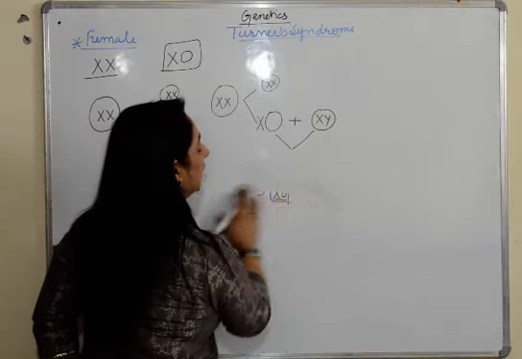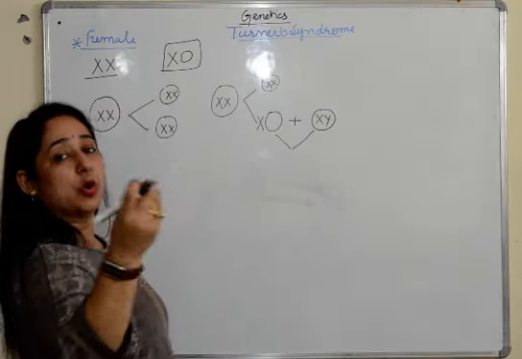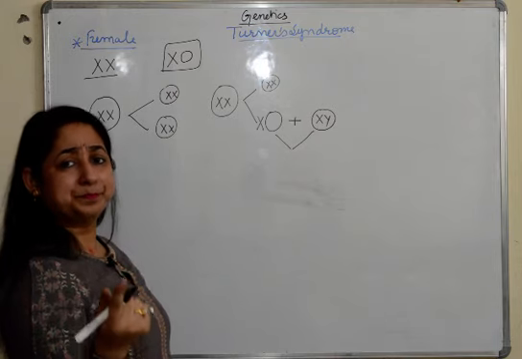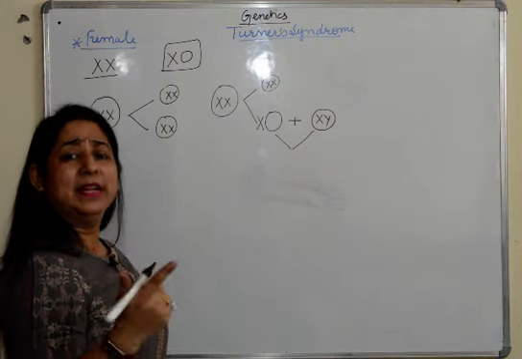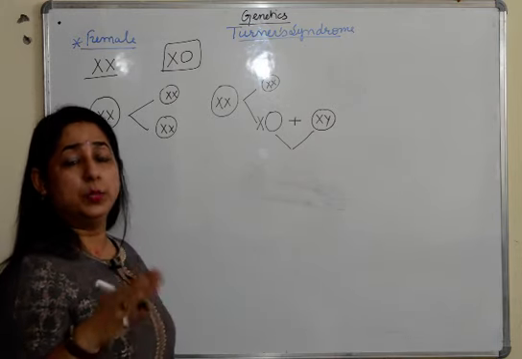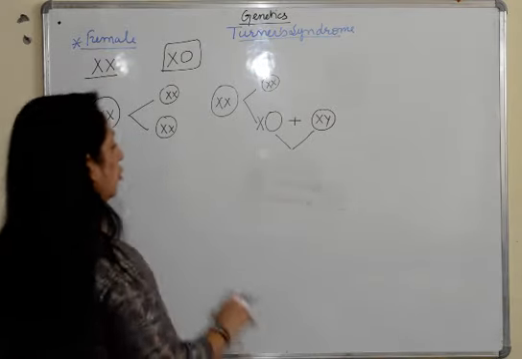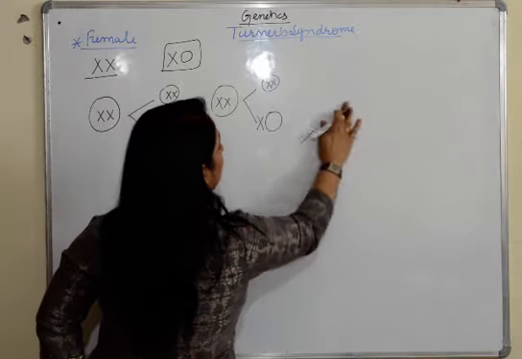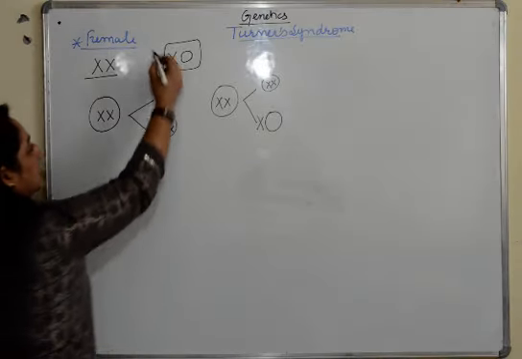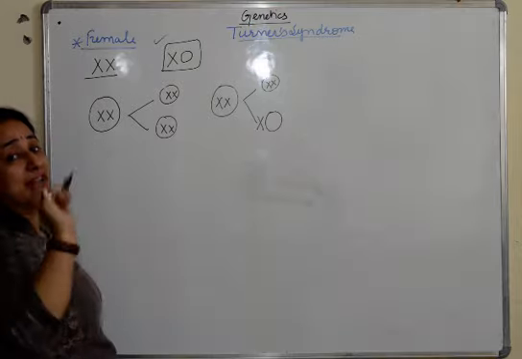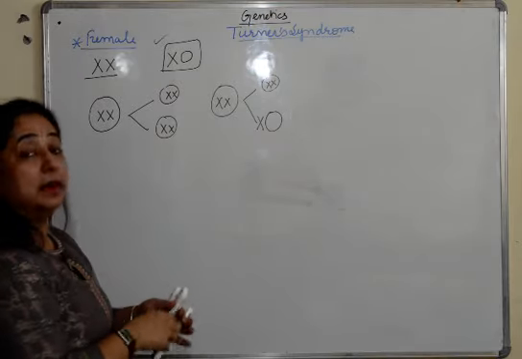So what I'm trying to tell you is that when the marriage of this type of a female takes place with a normal male, it will give rise to a child which is born with Turner's syndrome. So what you need to remember here is that this is a scenario where there is only one X chromosome present in a female.